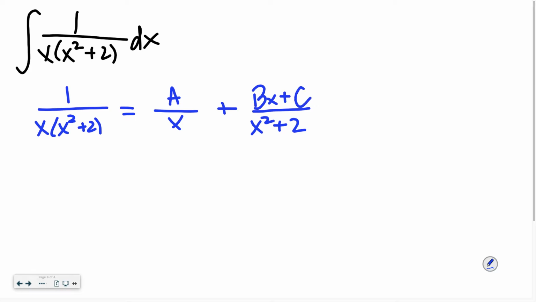It's just 1 degree different for the top. Now we all understand that once we find these values, if we were to get common denominators and add them together, we get back to where we started. We're doing like the reverse of adding fractions together. Pulling them apart.